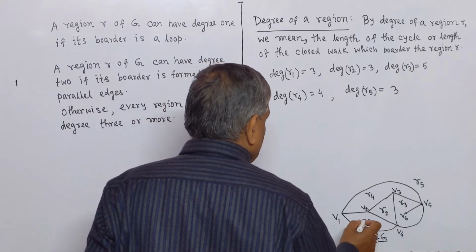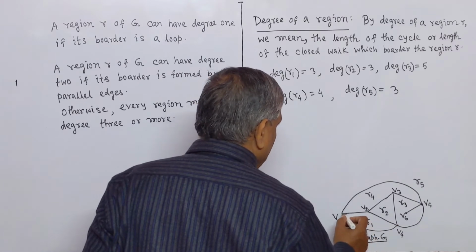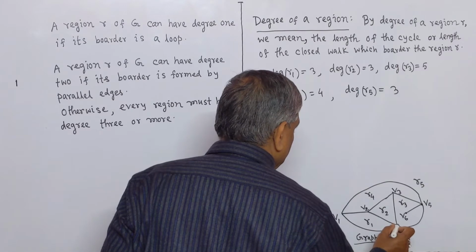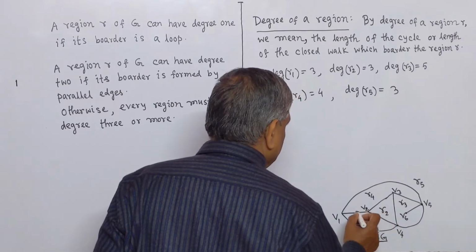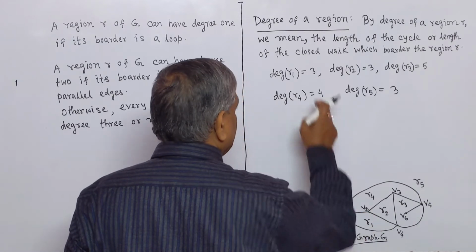Here the border is a cycle and the border is formed by 3 edges: V1, V4, V4, V2 and V2, V1. So the degree of R1 equals 3.